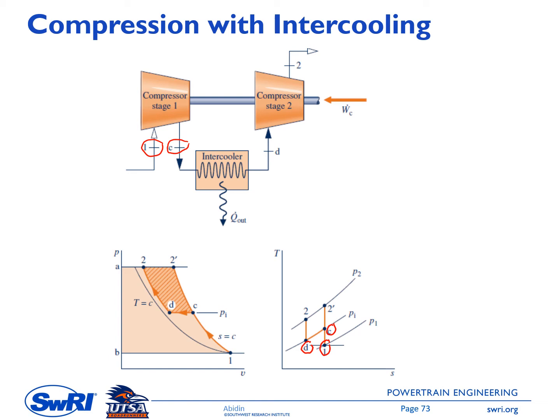In the PV diagram I have state 1 here, and then I have an isentropic process inside the compressor that changes state 1 to state C. Before it enters the second compressor, it is cooled inside the intercooler, changing state C to state D. And then we assume that there is no pressure drop inside the intercooler, so PC equals PD.